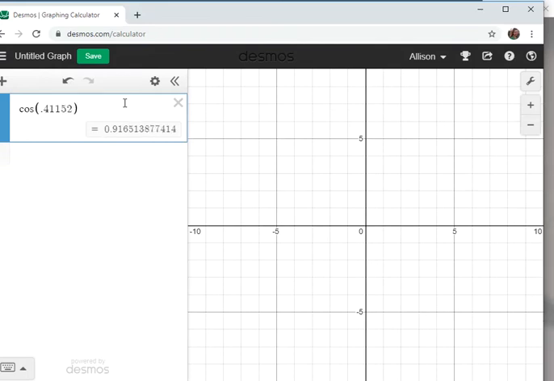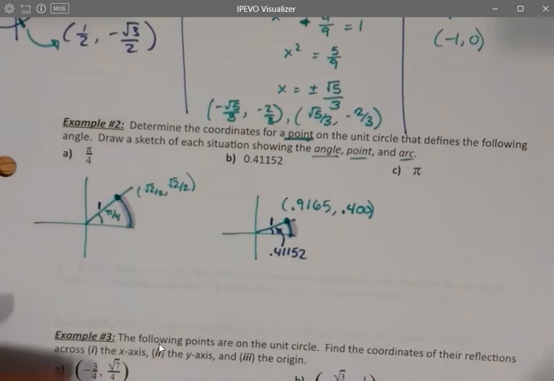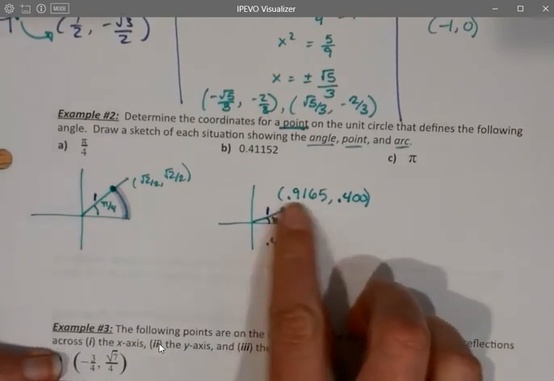I'm going to write down an ordered pair that is 0.9165, comma, and then the sine value, sine of, if I copy that number, the sine, oops, the decimal place didn't come down, so hold on. There we go. The sine is about 0.400. I'm going to write a couple zeros, but I can't round it to even 4 places. All right. So that would be our ordered pair for this one.